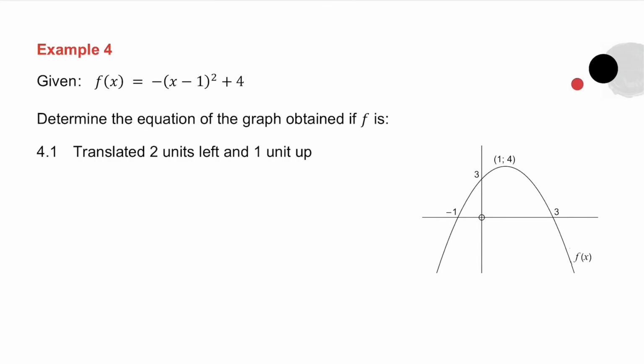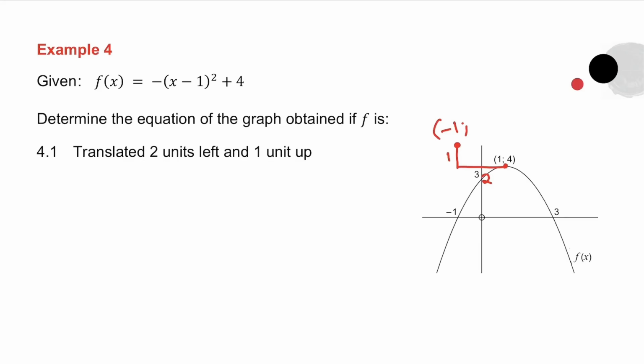In the first one, you have to translate 2 units left, 1 unit up. So we take the turning point, we go 2 units left, 1 unit up, and the turning point ends up there. So the coordinate of the turning point, if I go from an x value of 1 and I go 2 left, I get minus 1.